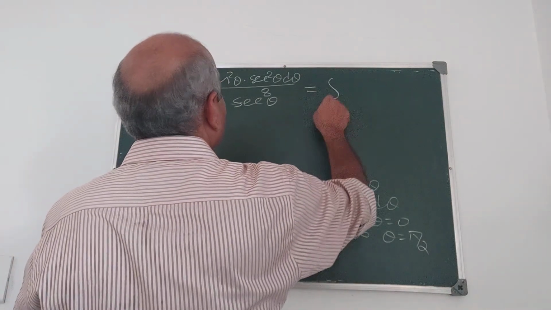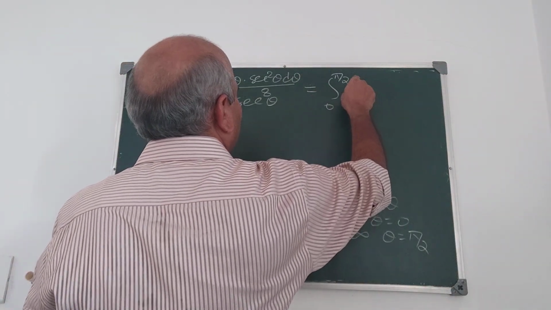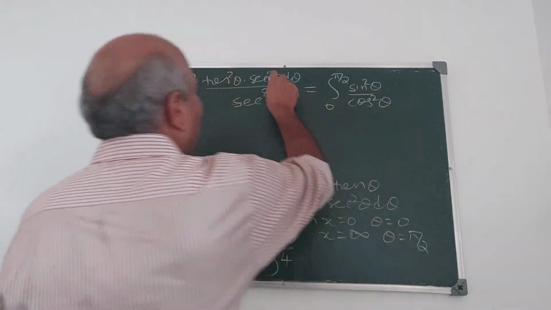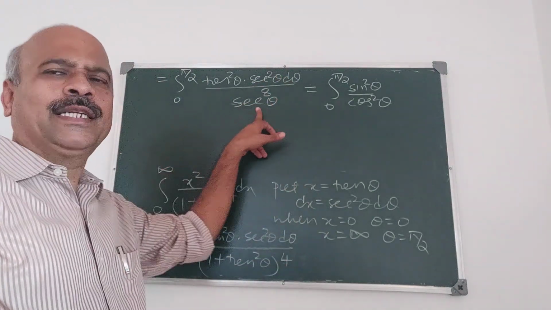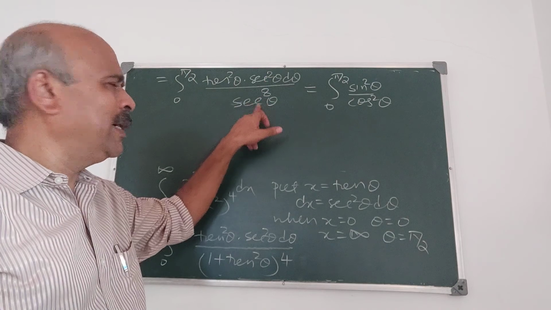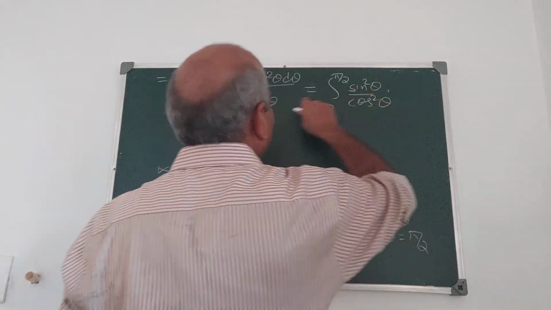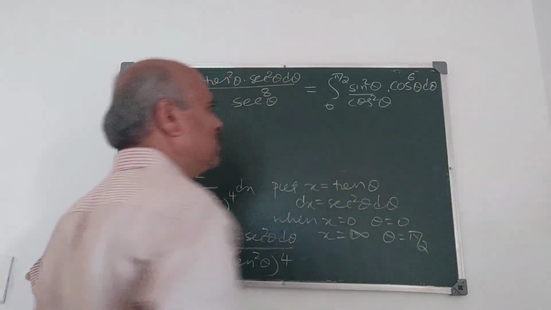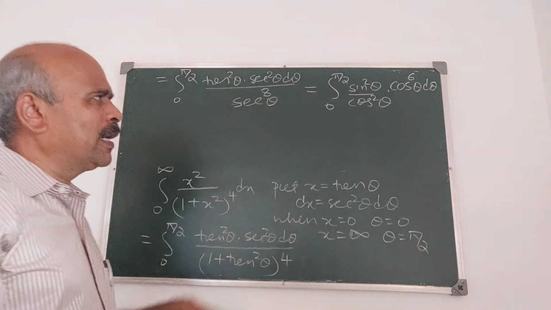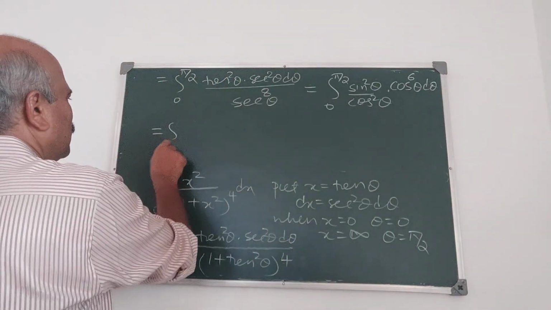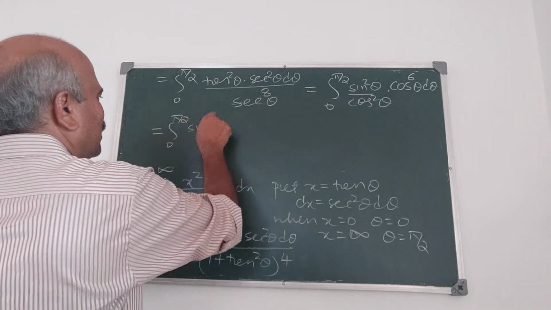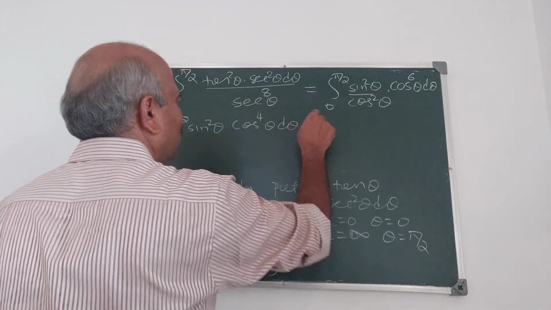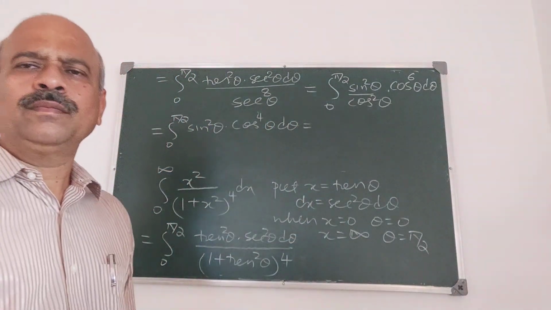So the integral from 0 to pi by 2, tan square I write as sin square theta by cos square theta, and secant square upon sec theta raised to 8. What do you get? Secant square theta by sec theta raised to 8 means it is 1 upon sec theta raised to 6, which is cos theta raised to 6, with respect to theta. Am I correct? You once again verify this. It is the integral from 0 to pi by 2 of sin square theta into cos theta raised to 4 with respect to theta.